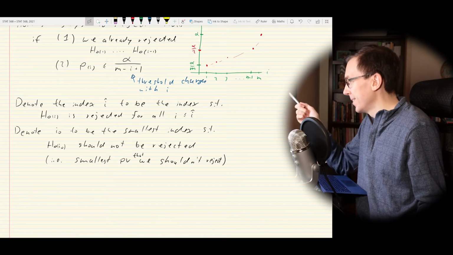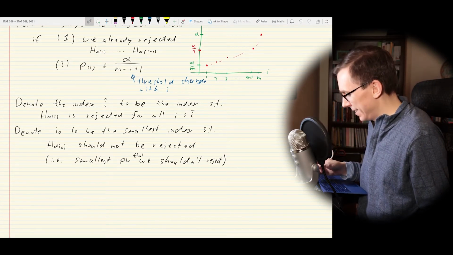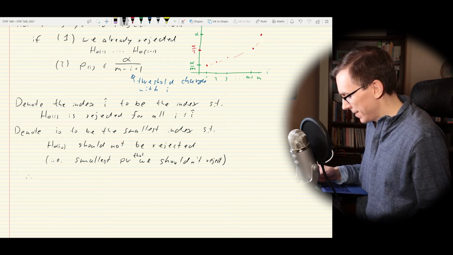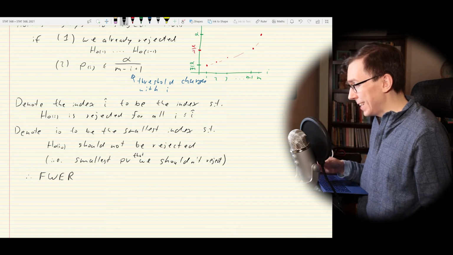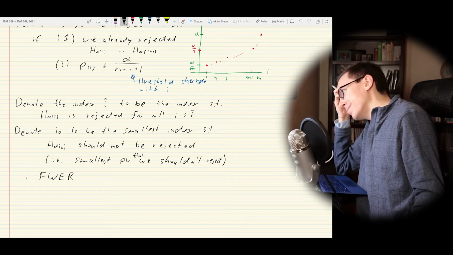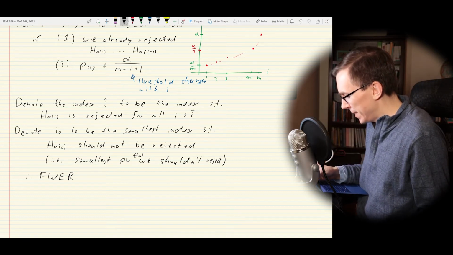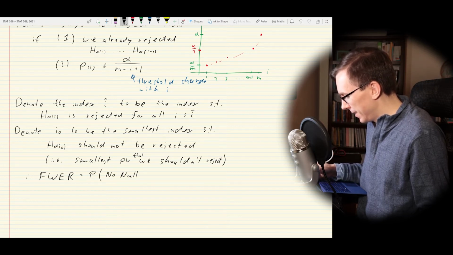Okay, so that means, therefore, the family-wise error rate is the probability that no null is rejected.